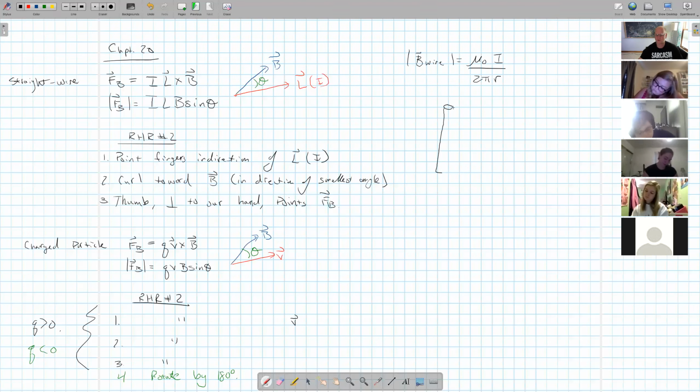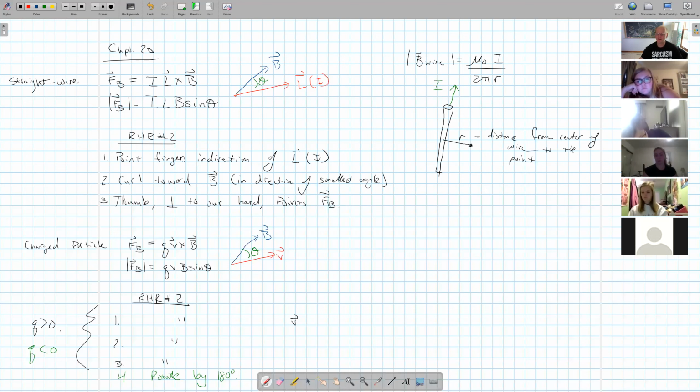If this was my wire and it has current going in this direction, this is the current, then the magnetic field at some point P, which is some radial distance R away, is this magnetic field at that point. Okay. So R here is the distance from the center of the wire to the point.